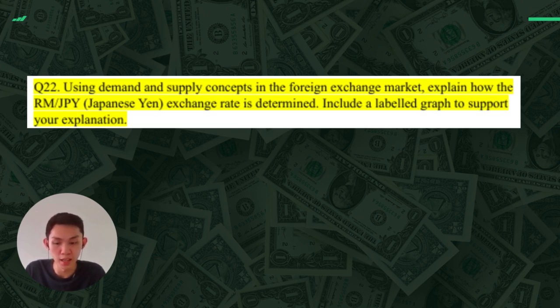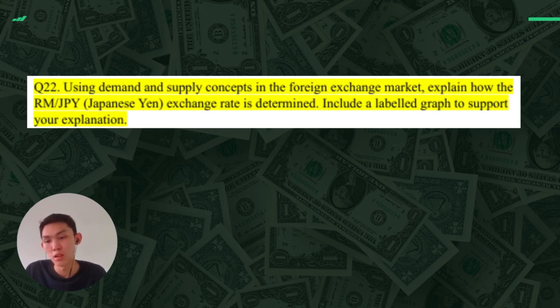And then for the supply side, the Japanese have to sell their Japanese yen to obtain RM in order to import Malaysian products or to travel to Malaysia. So we use the equilibrium graph to support the statement.